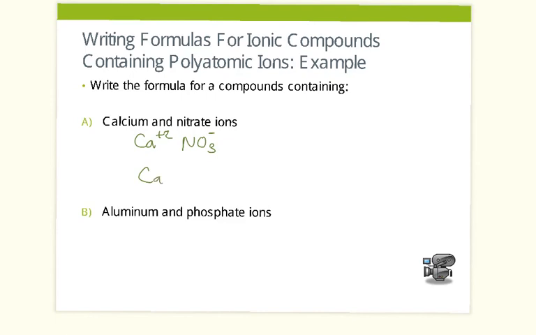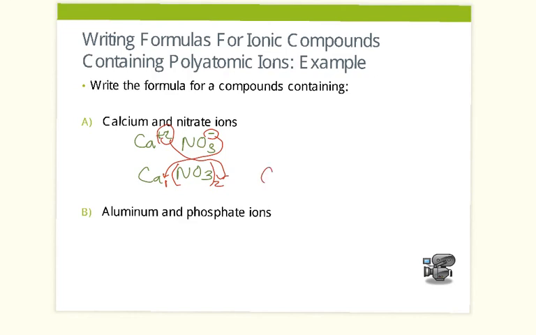Now we want to crisscross our charges. And so this comes down here as 2, and this comes down here as 1. But here we want to make sure to put parentheses around the nitrate so we don't get confused.